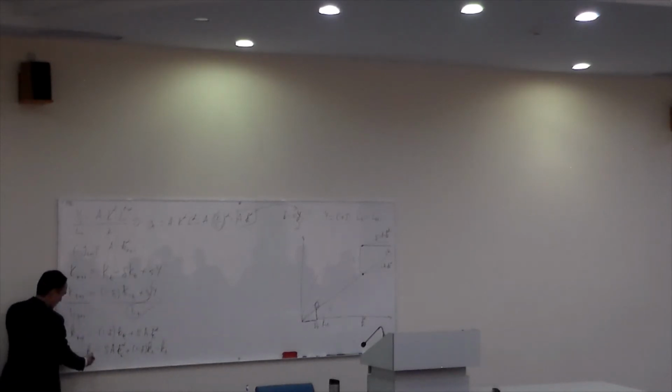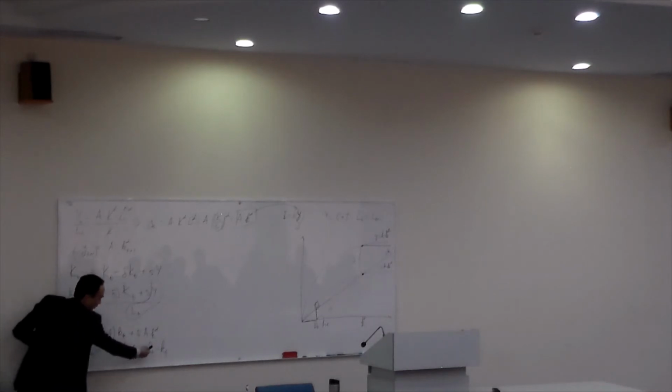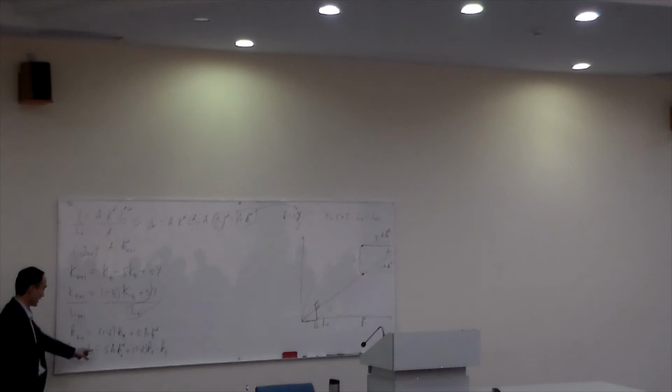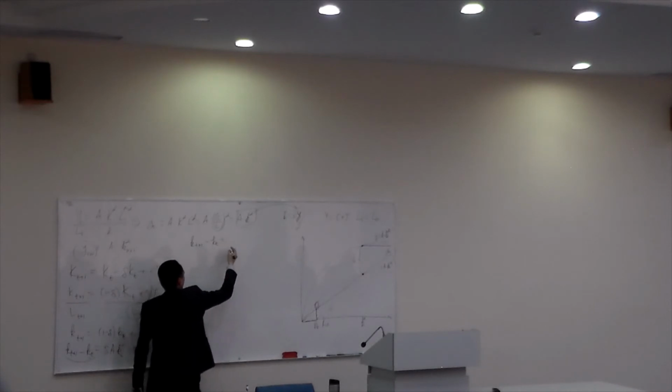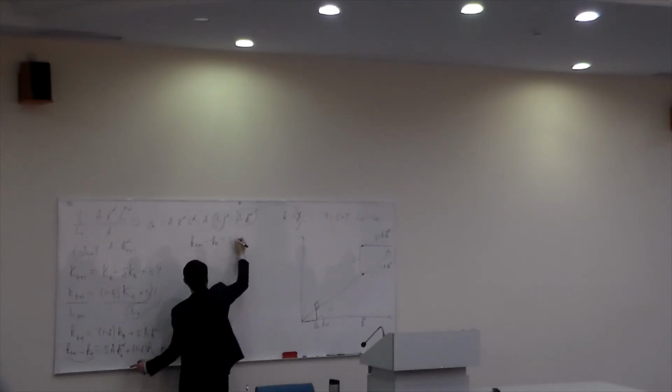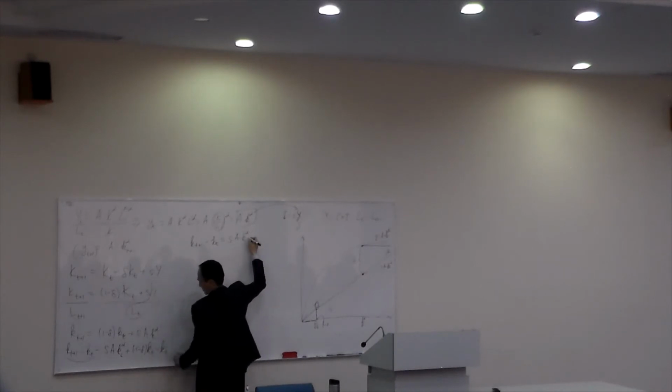I'm subtracting both sides by K_t in order to find this change. If I open this bracket, this K_t will be cancelled out. What I have now is K_{t+1} minus K_t equals saving rate times A times K_t in the power of alpha, minus depreciation rate times K_t.